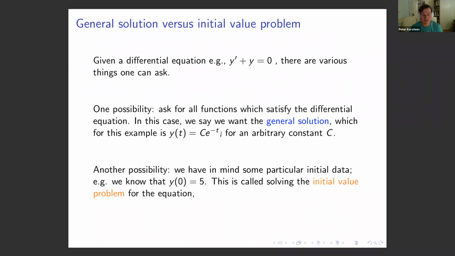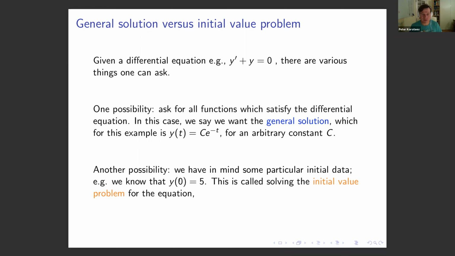Or we can have in mind some initial data, right? For example, like the population or any physics problem that I illustrated before, the value of y at t equals 0 is equal to 5. This is called the initial value problem for this equation.